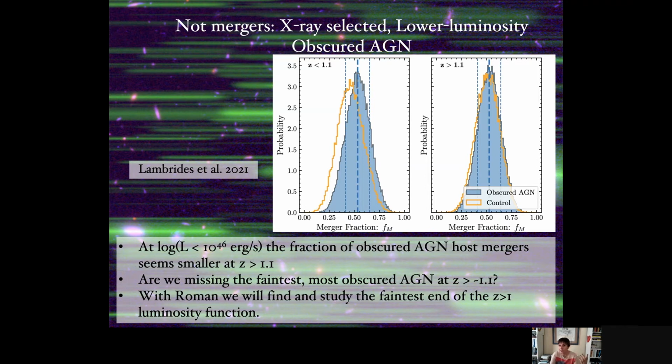And so one question here is why this is, or whether we are missing the faintest, most obscured AGN at higher redshift.